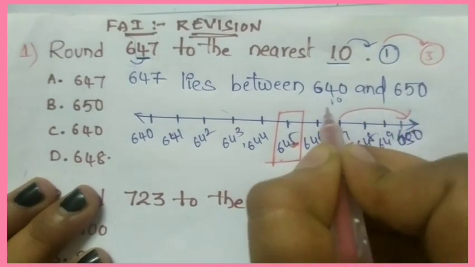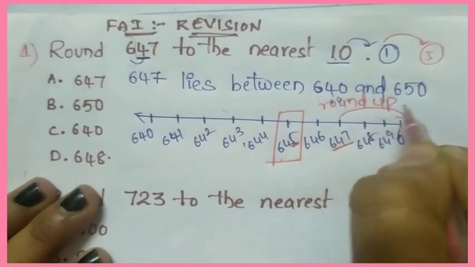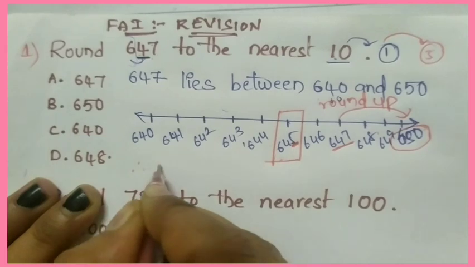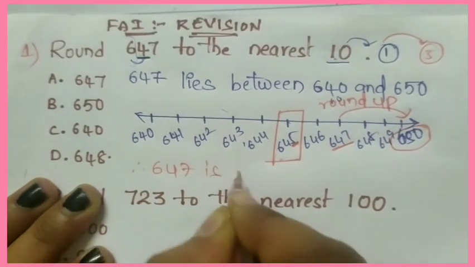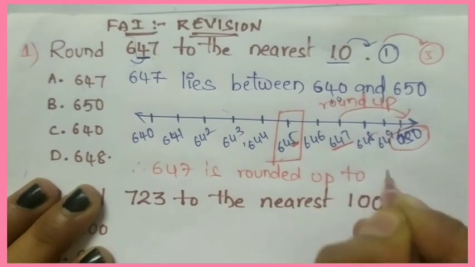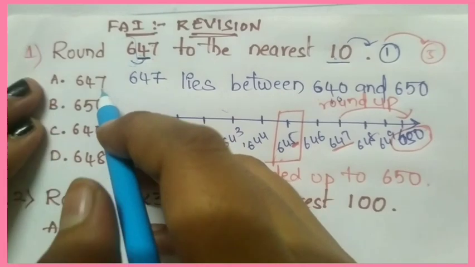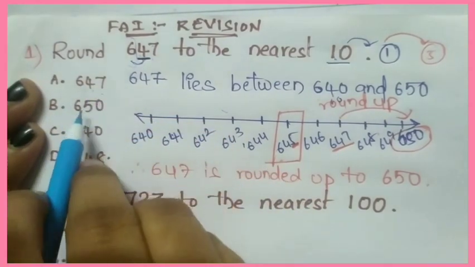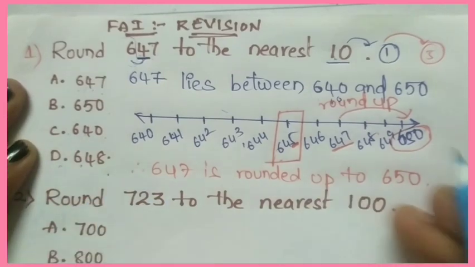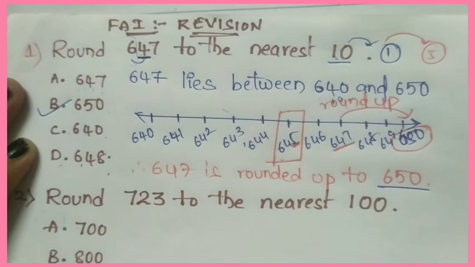So 647 is rounded up to 650. Here we got options 647, 650, 640, 648. Where is 650? Yes, B. So B is the answer.